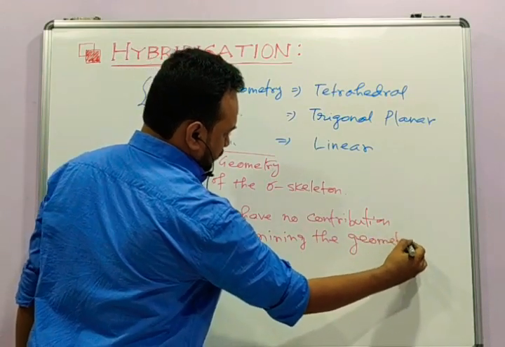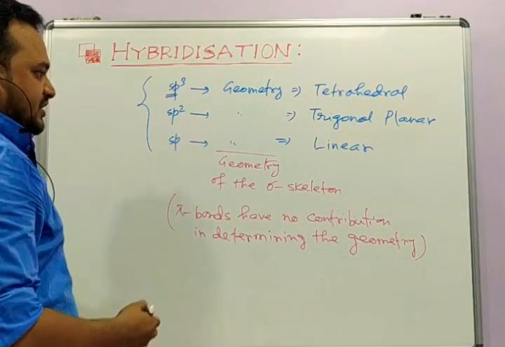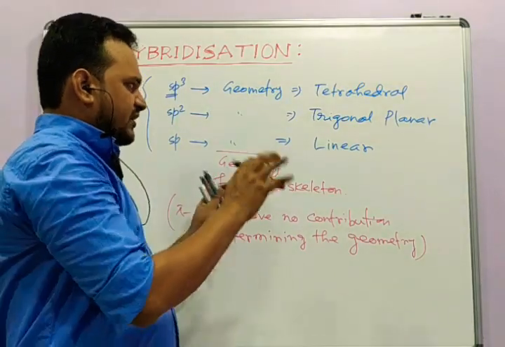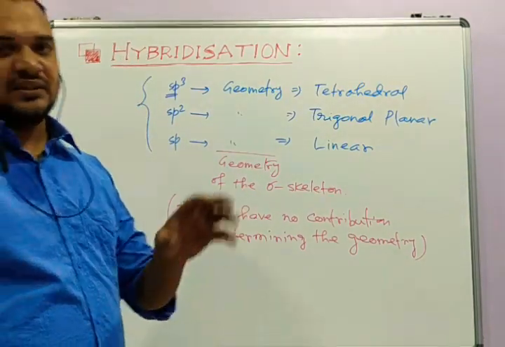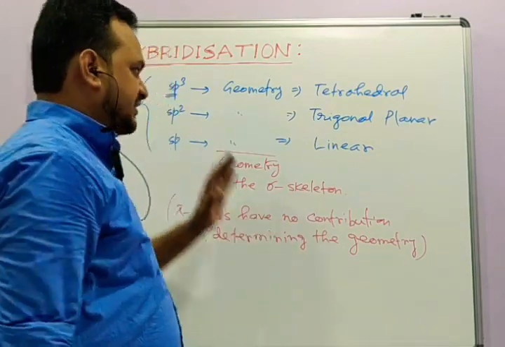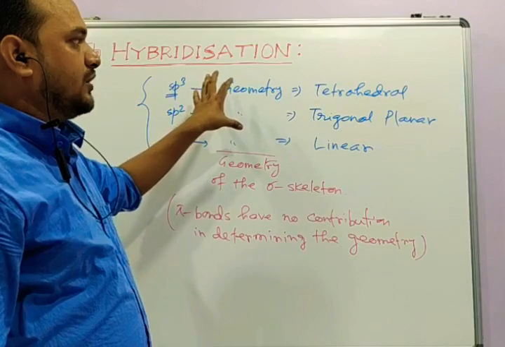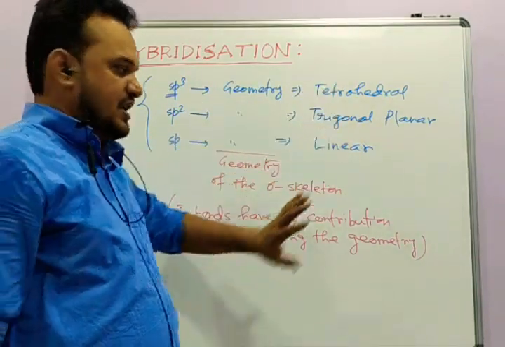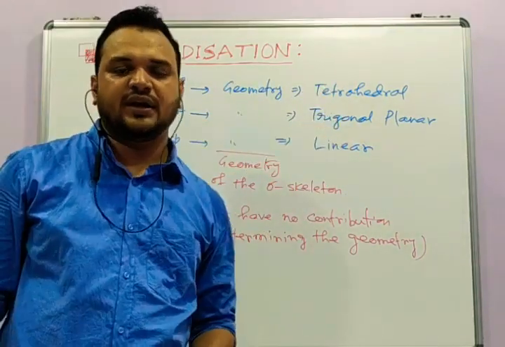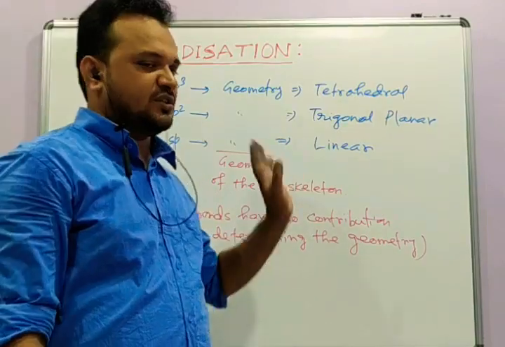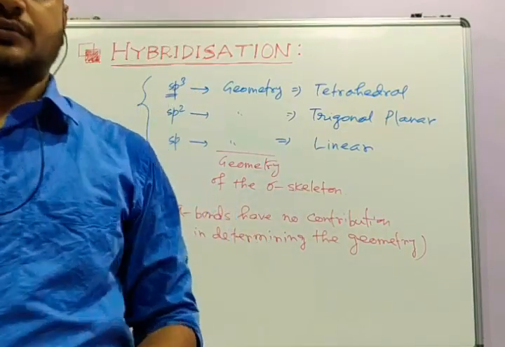So whenever we say tetrahedral, trigonal planar, linear, whatever geometry, it means the sigma skeletal structure. You just draw the sigma bonds of that molecule only, and what the molecule looks like, that is the geometry. Pi bonds are not included in the geometry determination of any molecule.